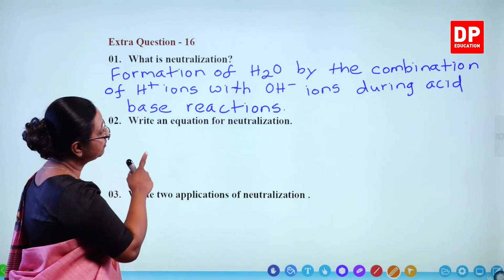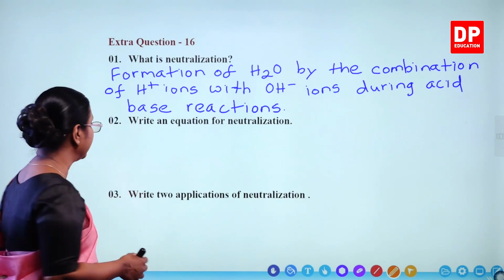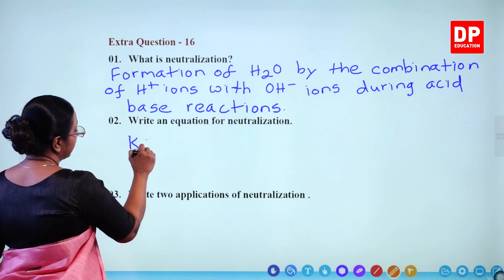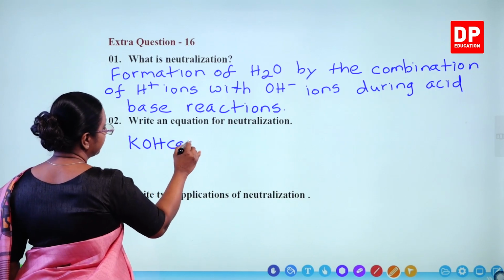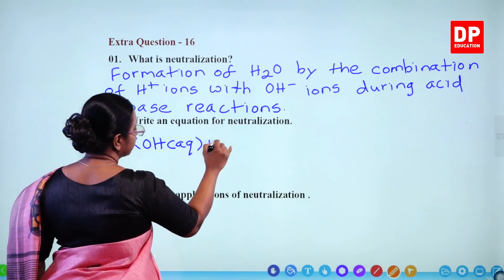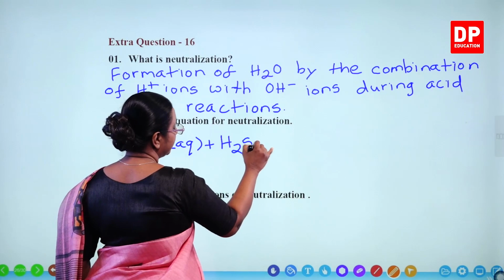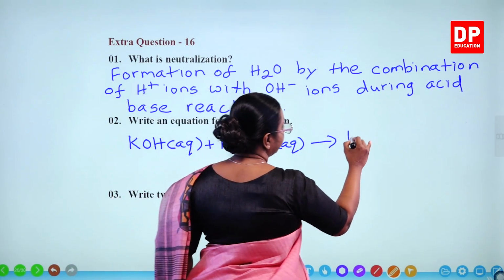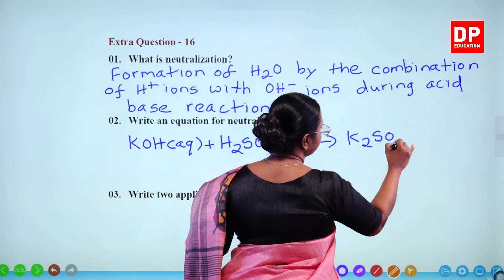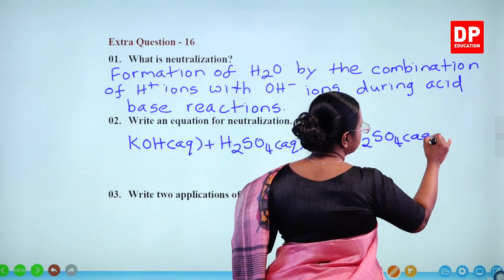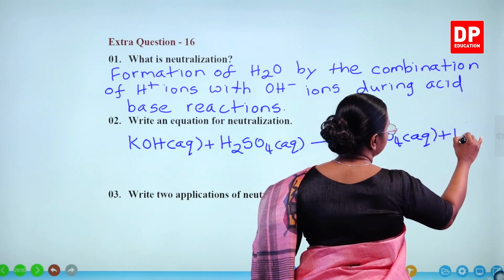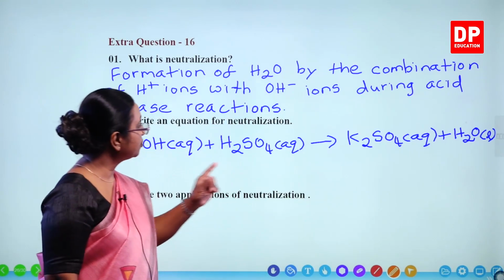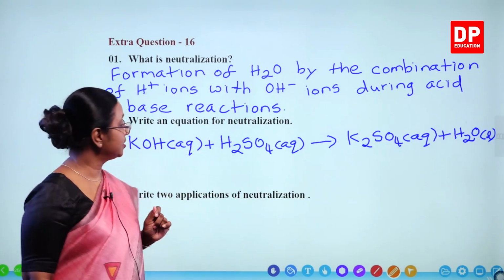Write an equation for neutralization. You can write any. Let's say I will write the neutralization between potassium hydroxide aqueous and sulfuric acid aqueous. You will get K2SO4 aqueous plus water liquid. We have to make sure that the equation is balanced.